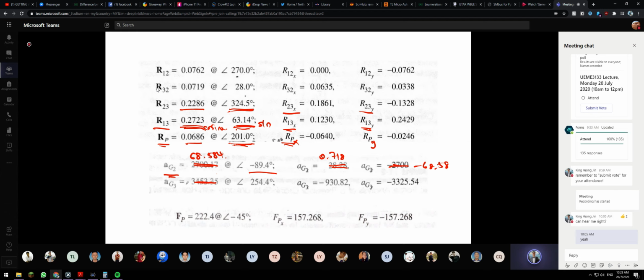So we have 87.715, and the angle given is 254.4. So probably we will get 86.715 cos 254.4, which gives negative 23.59.